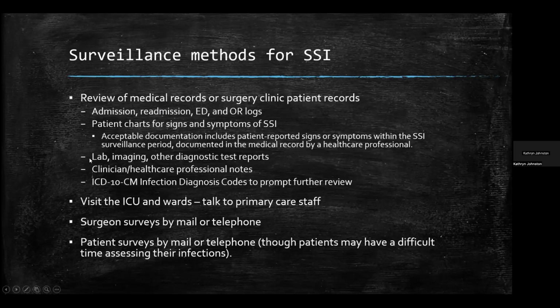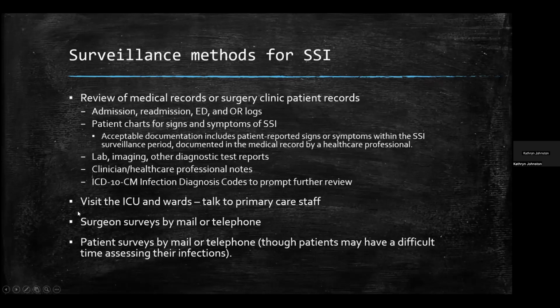You also can use lab, imaging and other diagnostic test reports, including microbiology, and clinician and healthcare professional notes. So this is the doctor's notes, but this can also include nursing notes, and then ICD-10 or ICD-11 infection diagnosis codes. But those would simply prompt you to do further reviews.